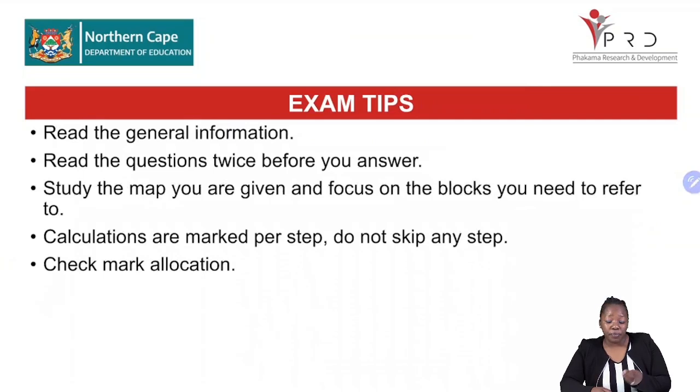And after you are done with your calculation, also check the mark allocation. It will guide you. If you are given a calculation where the mark allocation is 5 times 1, it means you need to do 5 things there. And if the marks say 3 times 1, it means you need to do 3 things. So check the mark allocation, it will guide you.